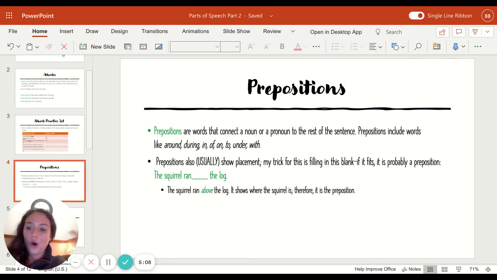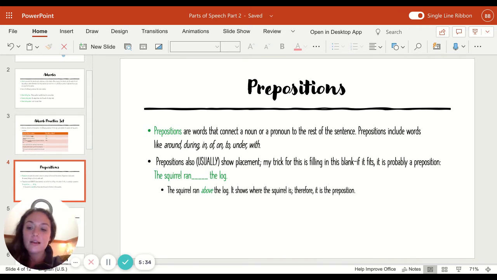So, like over, under, where is this thing going? So my trick for the placement part is my little fill in the blank trick. So if it works in the blank, it's probably a preposition. The squirrel ran blank the log. So you can say the squirrel ran above the log. And it's showing the placement of where the squirrel is.